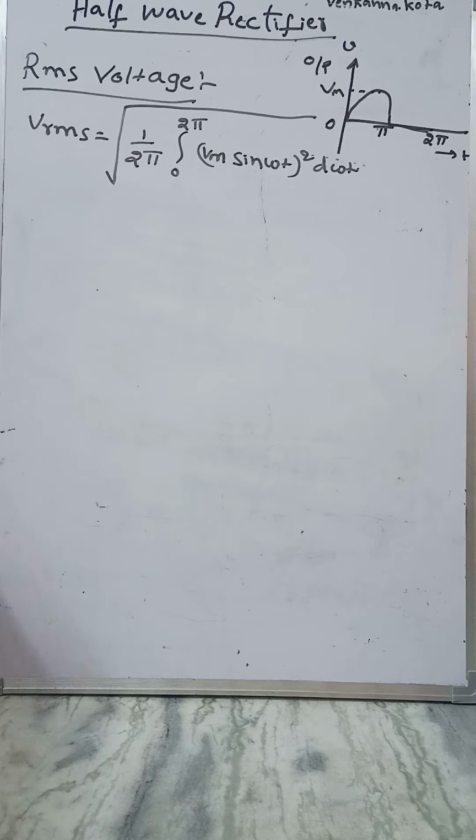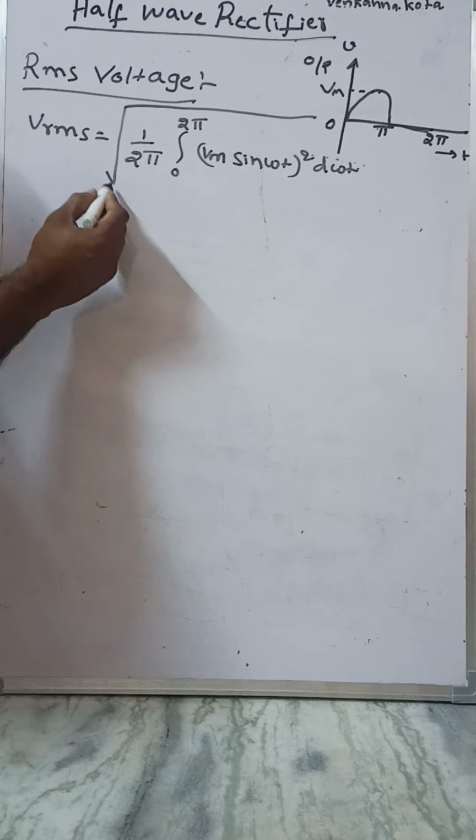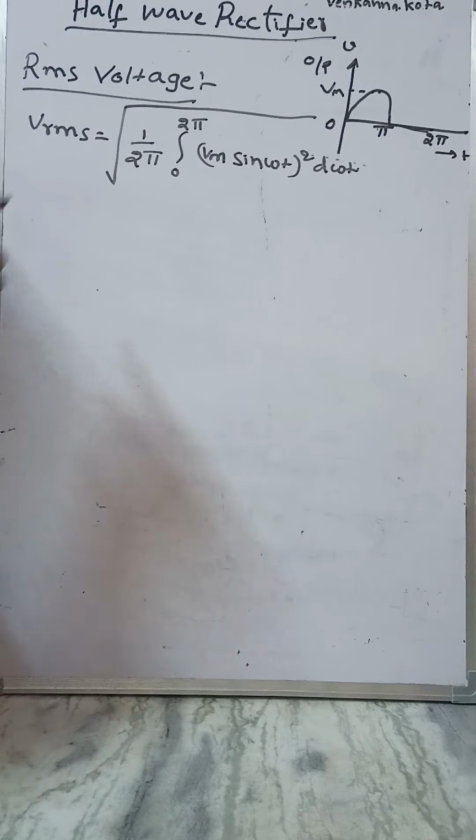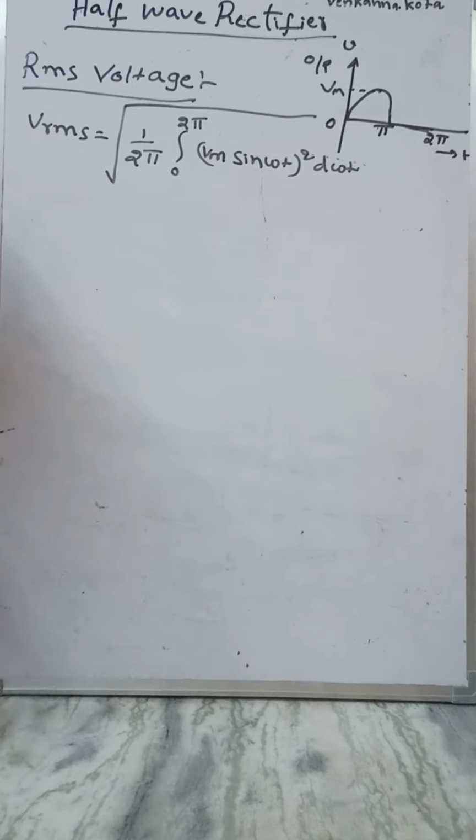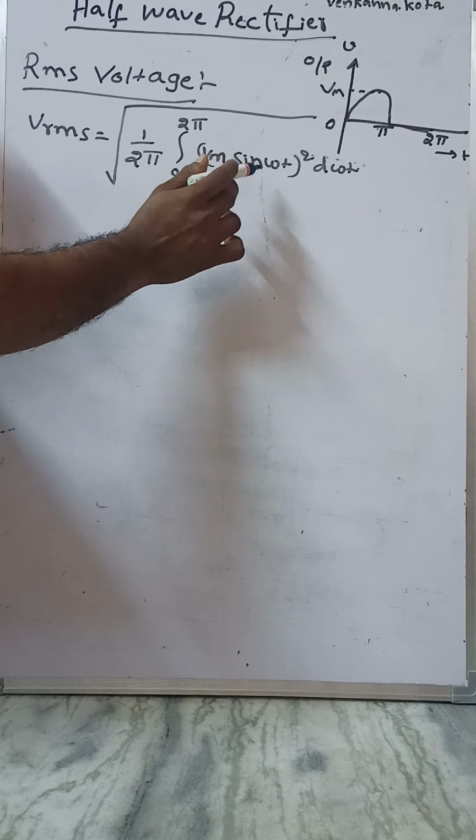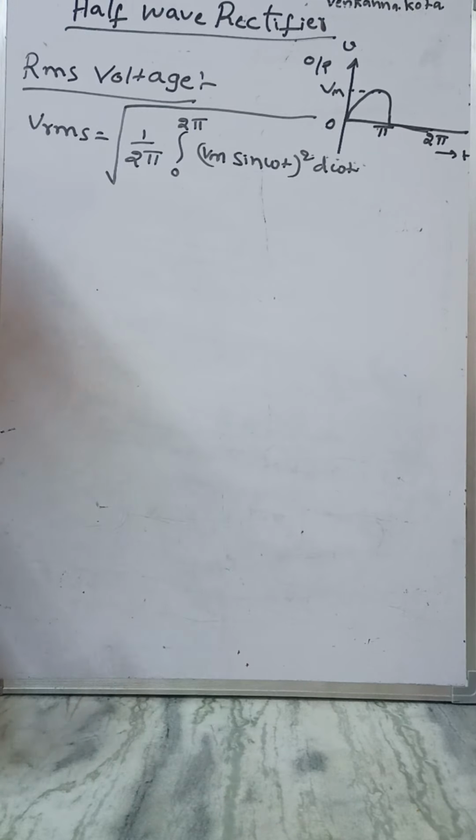The basic equation for root mean square is Vrms is equal to the square root of 1 by 2 pi integration 0 to 2 pi, Vm sin omega t whole squared, d omega t. So this is the basic equation for RMS, root mean square voltage.